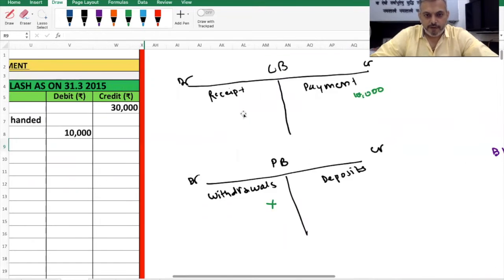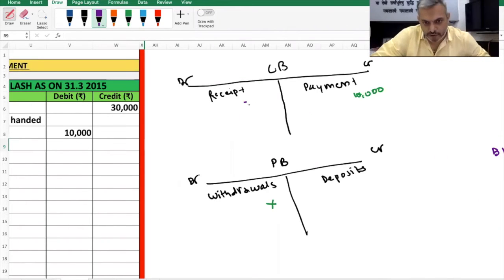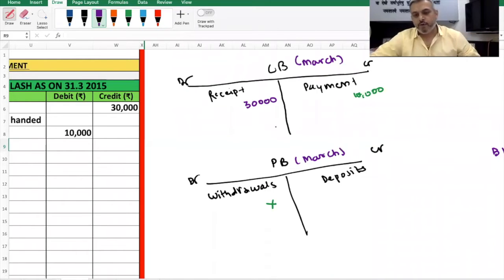So when you deposited the check, you have recorded it in your cash book receipt side. This cash book is for March. This passbook is also for March. But ये चेक क्रेडिट कब हुआ? अप्रैल में. ध्यान दो सब.